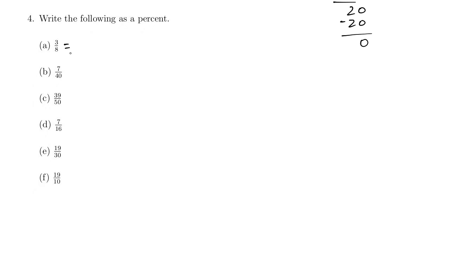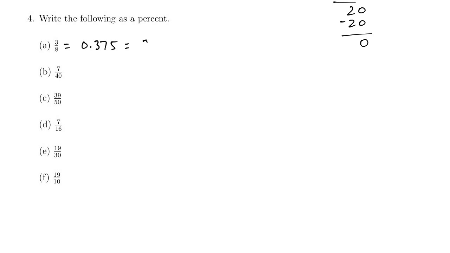Okay, so 3/8. When you change 3/8 into a decimal, divide the 8 into 3, you get, let's see, 0.375. Okay, so that's the decimal. Then change the decimal into a percent by moving the decimal point 2 places to the right.